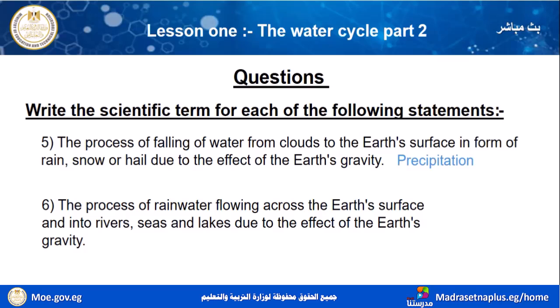Flowing across the Earth's surface and into rivers, seas, and lakes due to the effect of the Earth's gravity. What is this process called? This process is called surface runoff. That's right. So surface runoff is the process of rainwater flowing across the Earth's surface and into rivers, seas, and lakes due to the effect of the Earth's gravity.